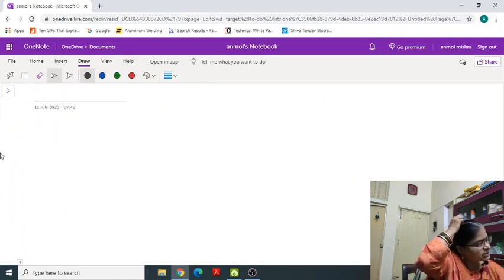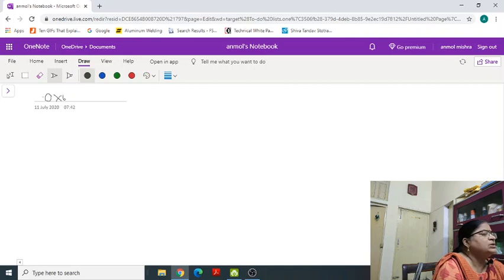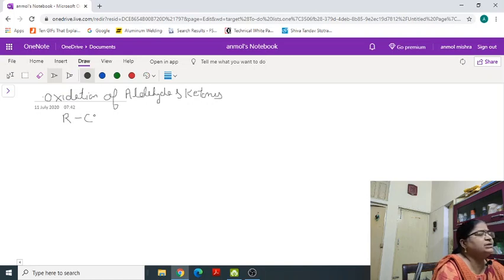Now aldehydes on oxidation form carboxylic acid. Next is oxidation of aldehydes and ketones. First is aldehyde.